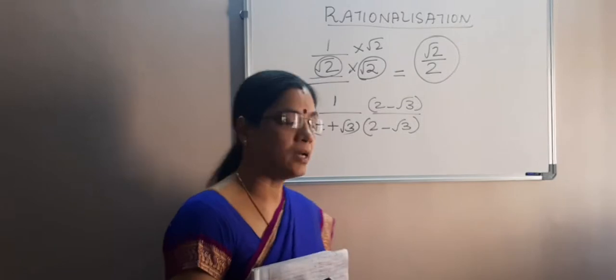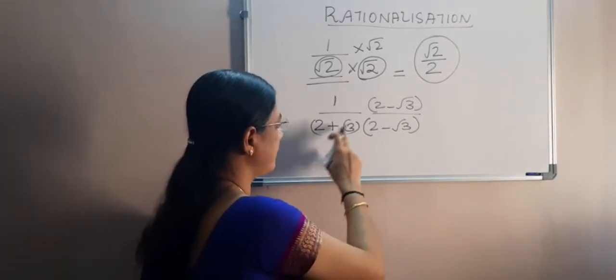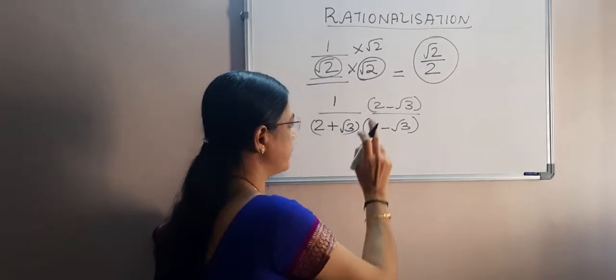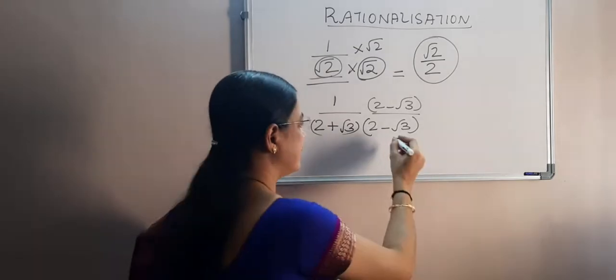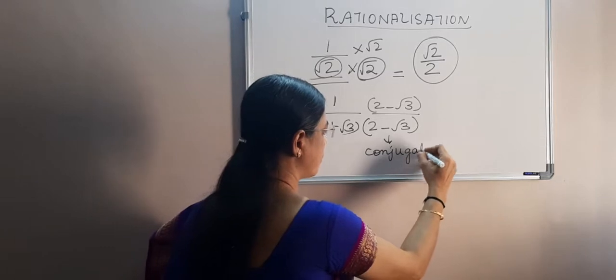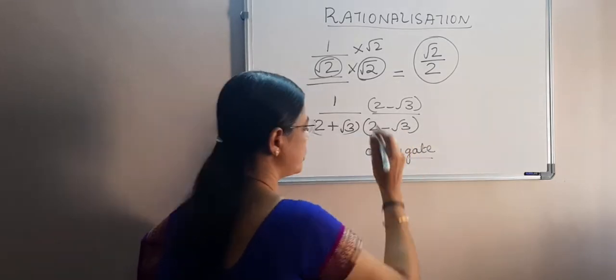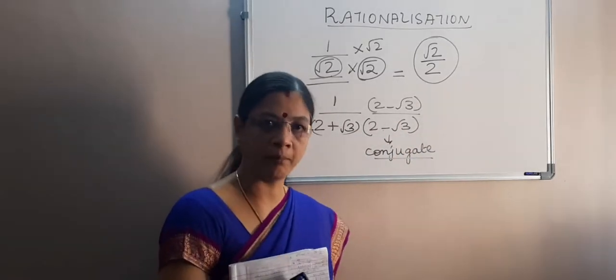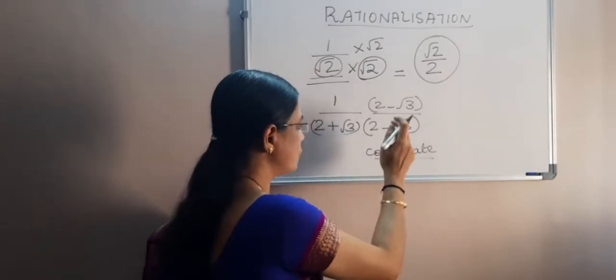See, plus becomes minus here, and this is known as the conjugate, which changes the sign and not the numbers. 2 plus root 3 becomes 2 minus root 3.